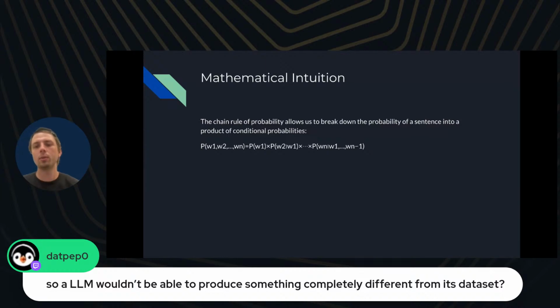And so an LLM wouldn't be able to produce something completely different from its data set. Yeah, that's true. There's no magic sauce underneath it. It's really just predicting the next word from a set of probabilities. And so it can't invent a new token.